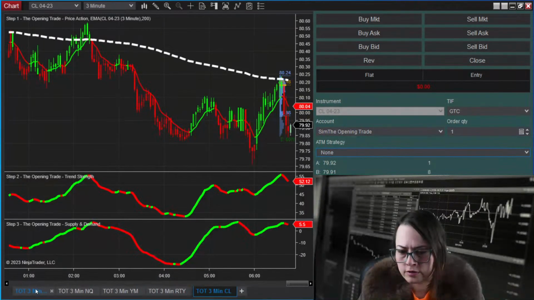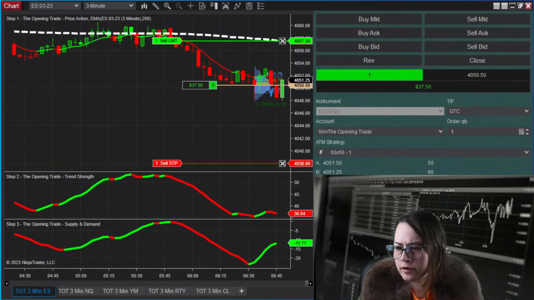Let's take a look at our automated trade here. All right. So once I see it go up to $100, I'm going to move my stop loss up.